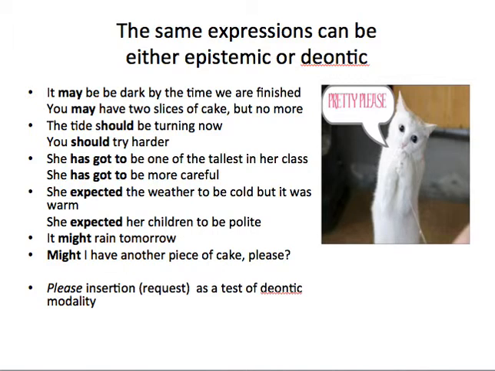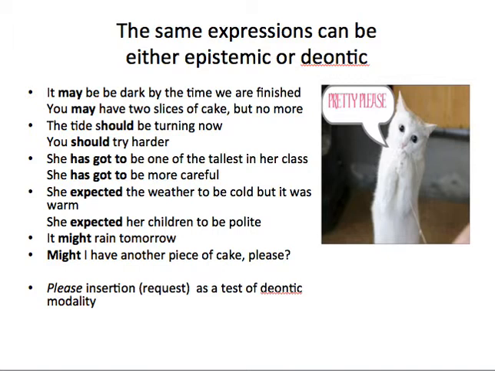The tide should be turning now. That's clearly epistemic. You should try harder. I know I should. I'm sorry. She's got to be one of the tallest in her class. Okay, epistemic. She's got to be more careful. Notice the distinction there.